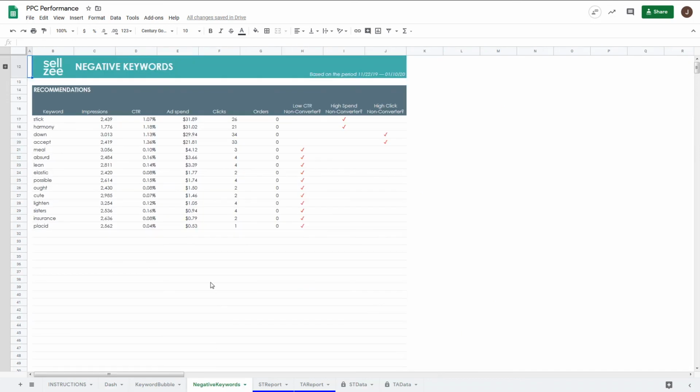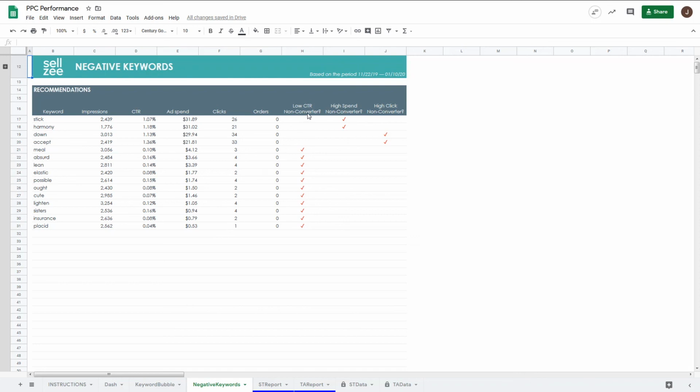Then over here, you can go to a whole other level by actually seeing a specific list of recommended keywords to consider adding as negative keywords. Remember that $6,600 in wasted spend you identified on the dashboard? Those were the keywords that were generating a lot of ad spend, but no conversions. Well, you can classify the culprits of wasted spend into these 3 categories of waste, if you will.